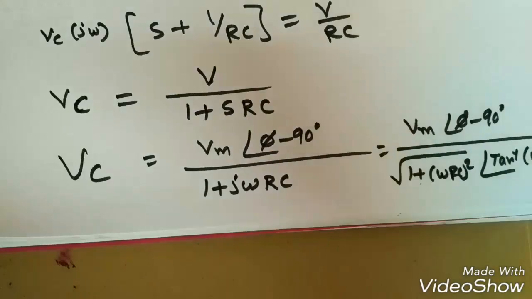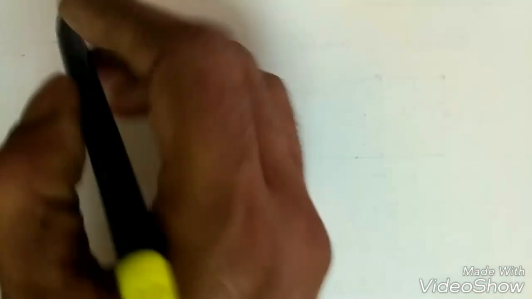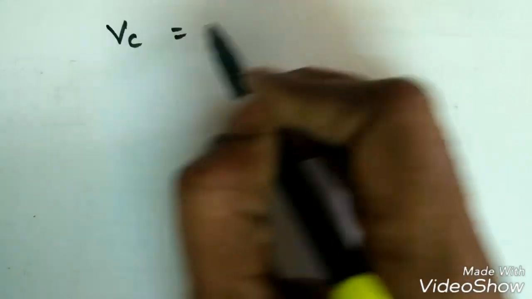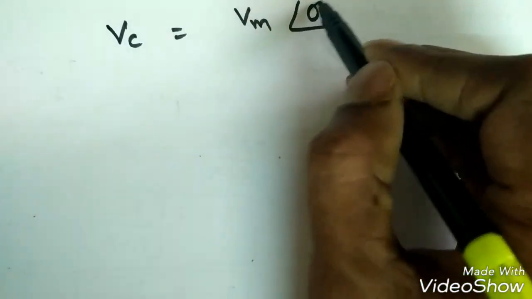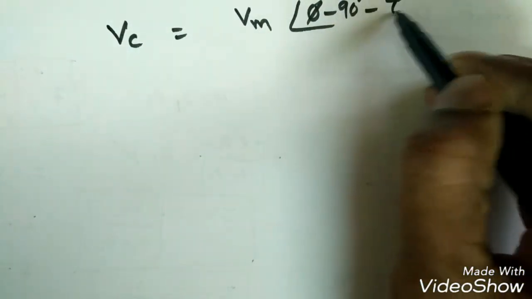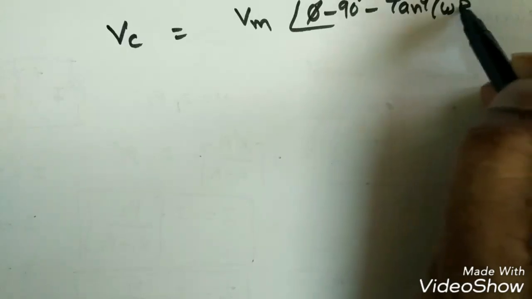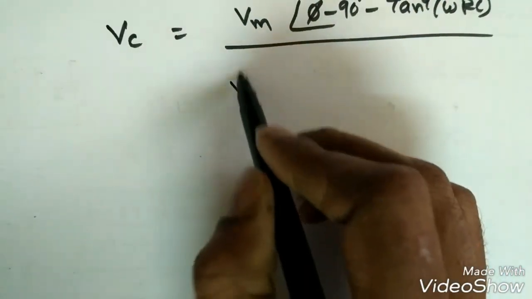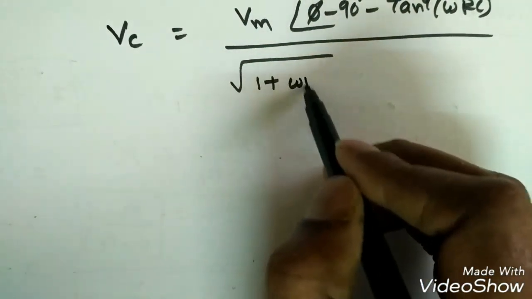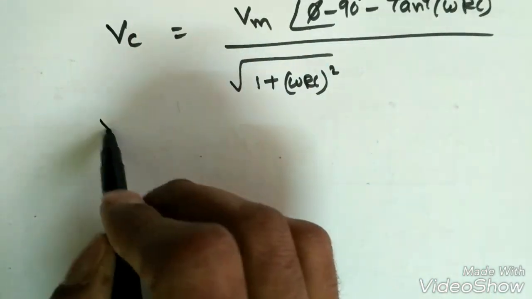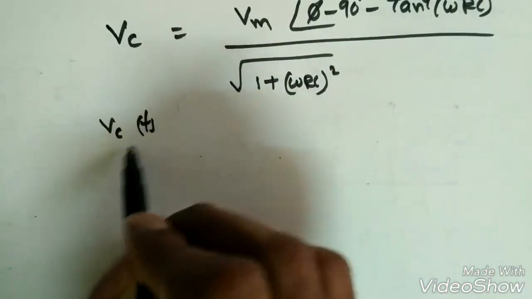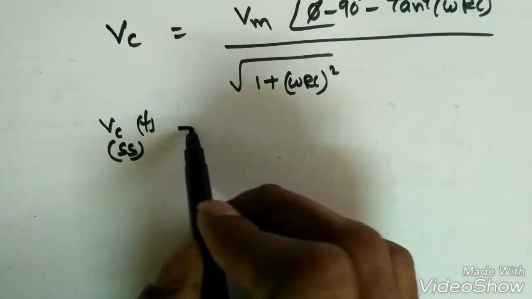So the VC in phasor will be like this: VC is equal to Vm angle pi minus 90 degrees minus tan inverse omega RC, by square root of 1 plus omega RC square. Now what is the VC of t? That is the steady state response.